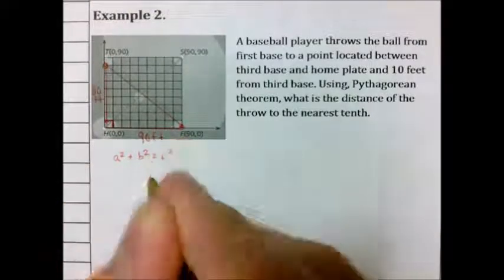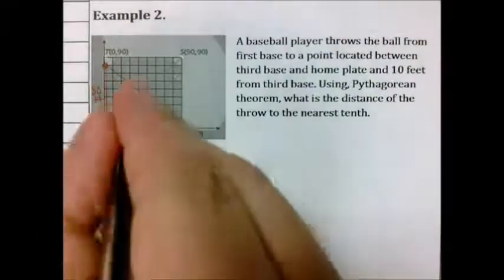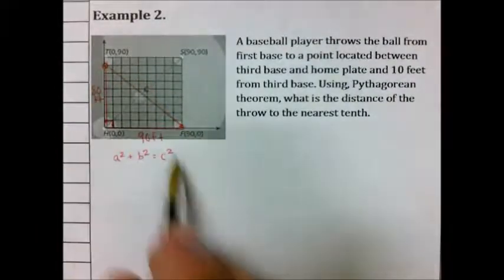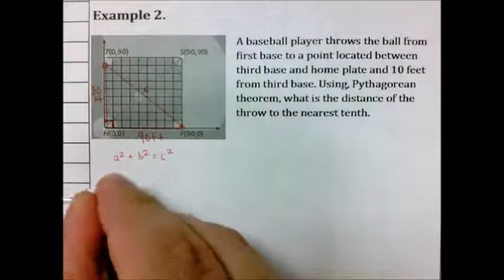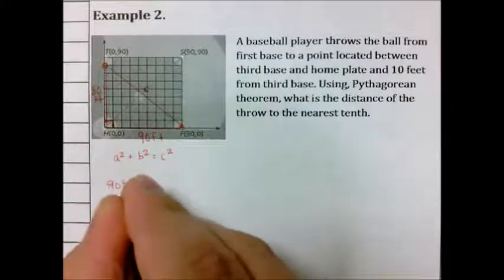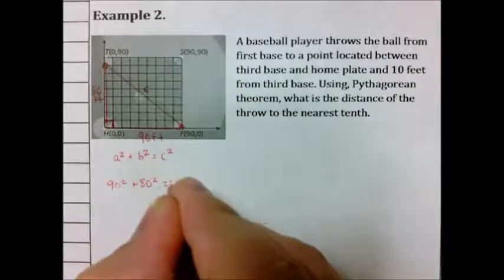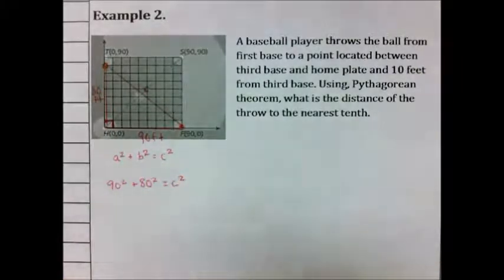Okay, so we're going to use Pythagorean theorem, and remember Pythagorean theorem says a squared plus b squared equals c squared. And we're trying to find the distance of this, which we're going to call c right here. All right, so let's plug in some numbers. We're going to plug in 90 squared plus 80 squared equals c squared. Okay, now this is just some math.